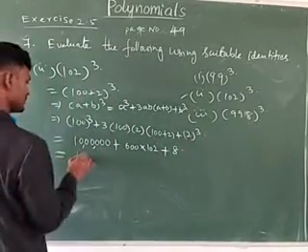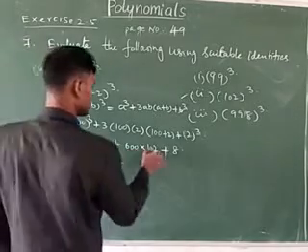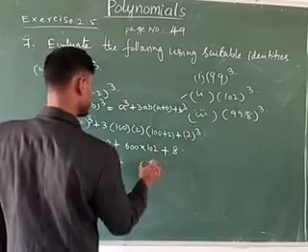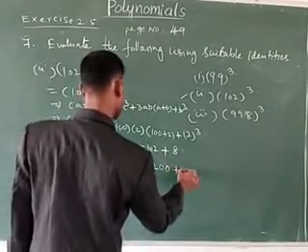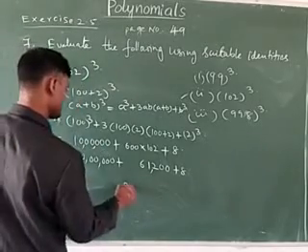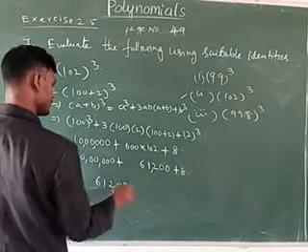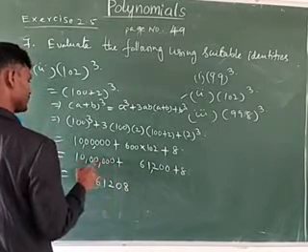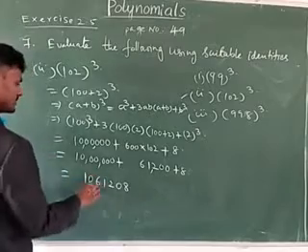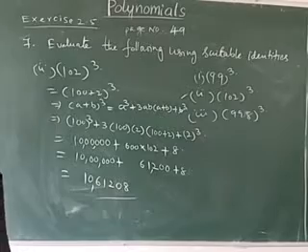Now 10 lakhs plus 6 twos are 12, 6 ones are 6, here 61,200 plus 8. This gives 10,61,208. This is the second one's answer.